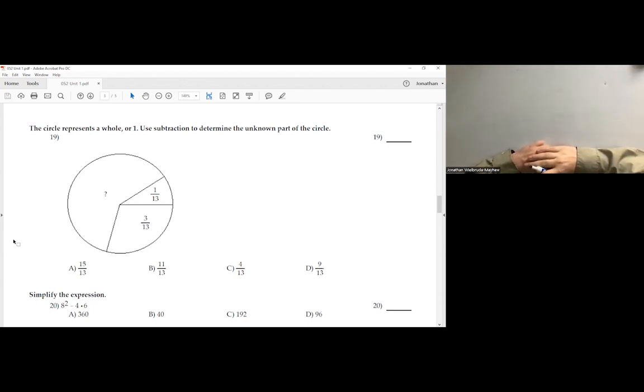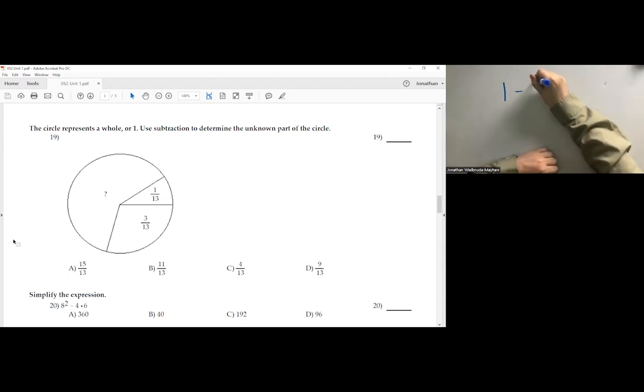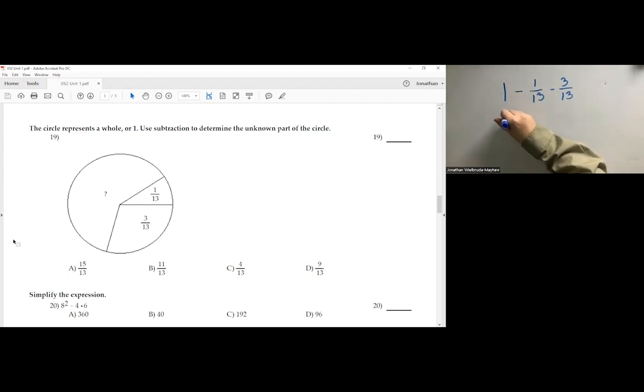Number 19, the circle represents a whole, or 1. Use subtraction to determine the unknown part of the circle. 1, the whole circle, minus 1/13 minus 3/13. 1 can be expressed as 13/13.